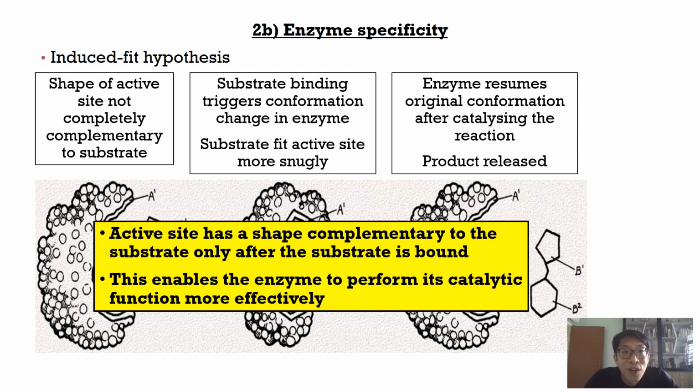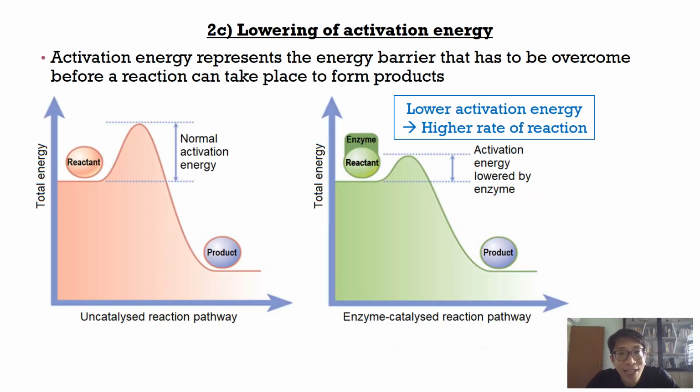So we shall move on to look at how enzymes lower the activation energy of the reaction. If you look at these two graphs, they have the same reactant, so therefore the original energy level is the same. They have the same product, so the final energy level after the reaction is the same.